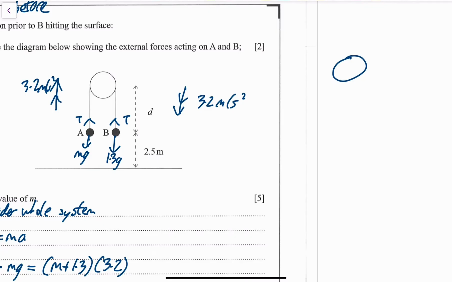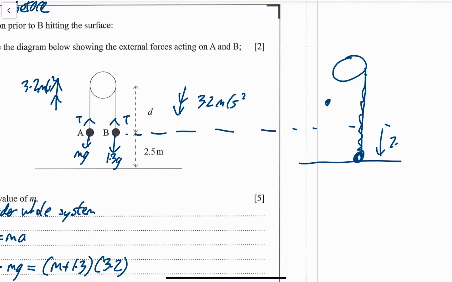When this thing hits the ground, this is where they start originally. But when B hits the ground, there it is, smack on the ground. If you imagine, the string actually goes slack, but also A has gone, that one's gone down 2.5 meters. This one's then gone up 2.5 meters.